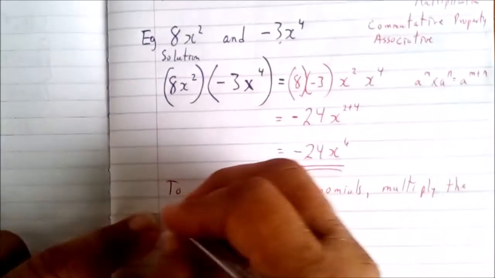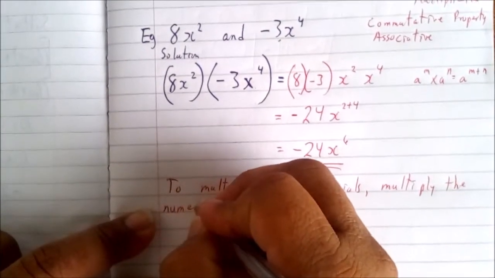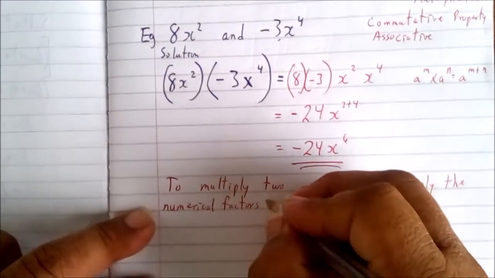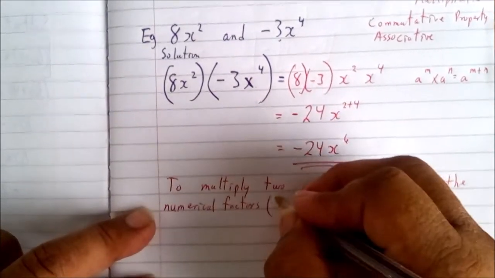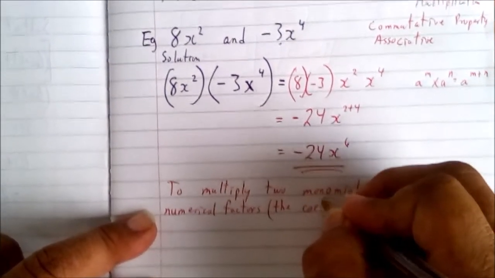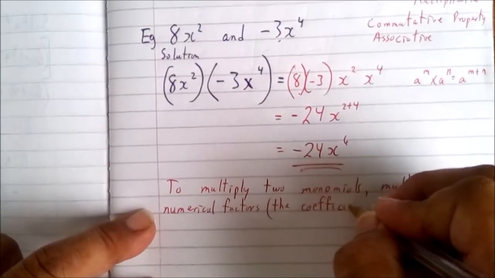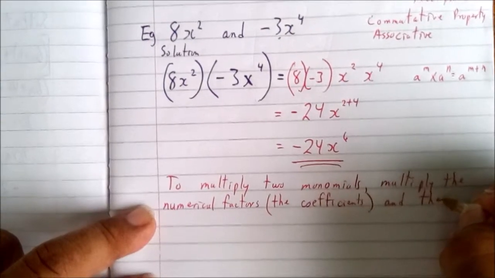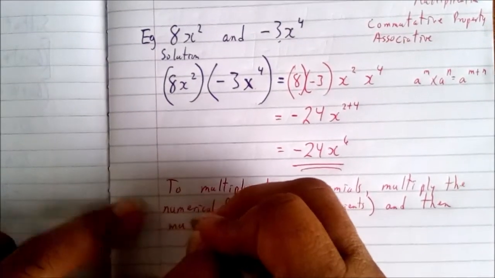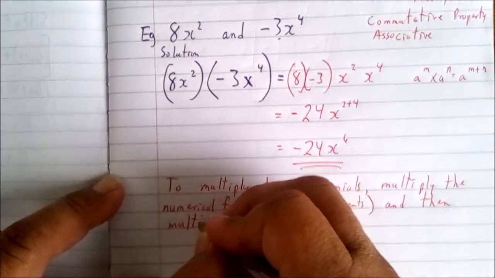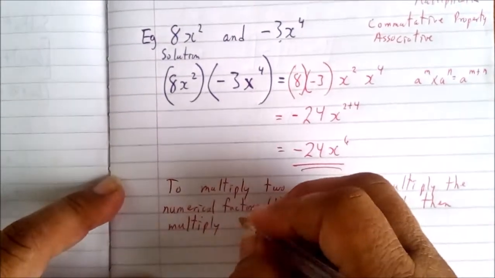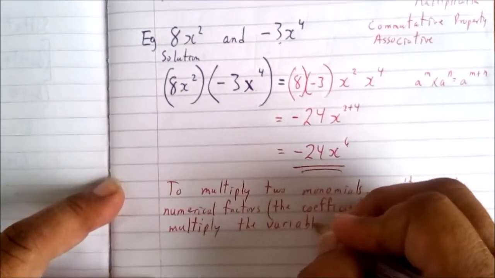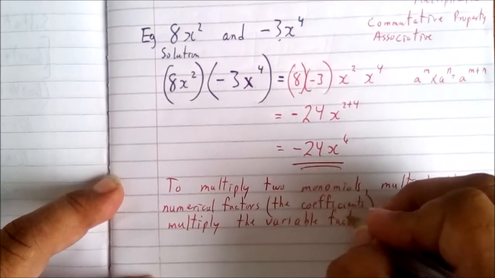So when multiplying two monomials, multiply the numerical factors, which I did, which was the 8 and the negative 3, or in other words, the coefficients. That is what we did. And then multiply the variable factors.